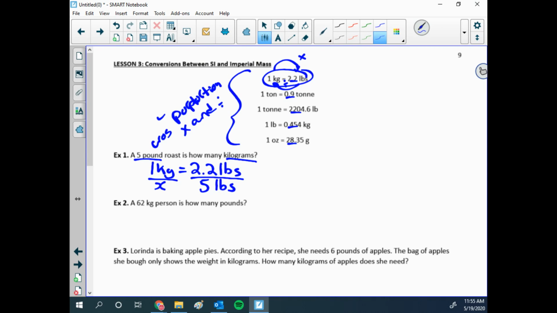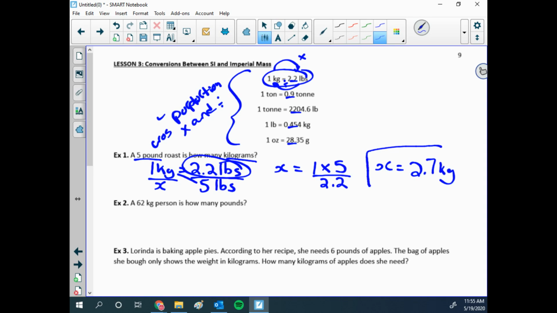So how many kilograms would that be? Well, what I need to do is just cross multiply and divide. So x is what I'm solving for, would be 1 times 5, and then I divide that by 2.2. And so a 5-pound roast is about 2.7 kilograms.